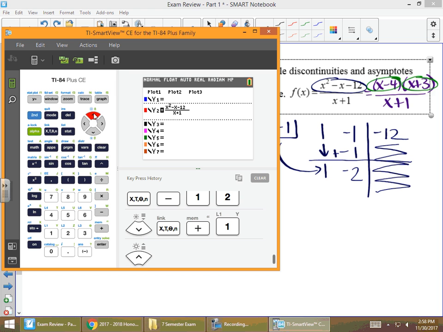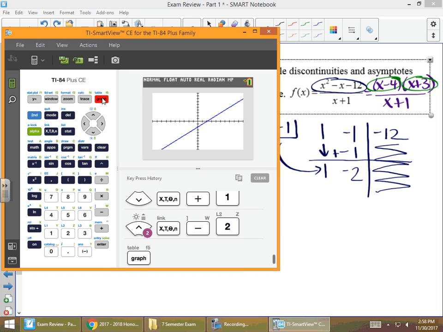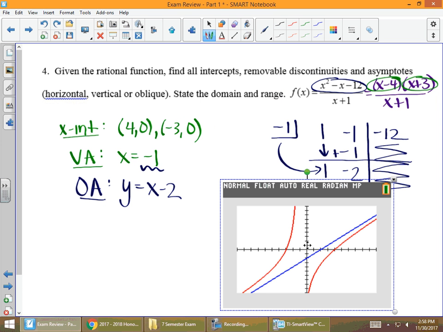I'm going to go ahead and put my oblique asymptote in as well so I can see how it fits and check my work. So the red up here is my rational function, and the blue is my oblique asymptote, and that looks pretty good. Because of the way this function works, it is going up forever and down forever.